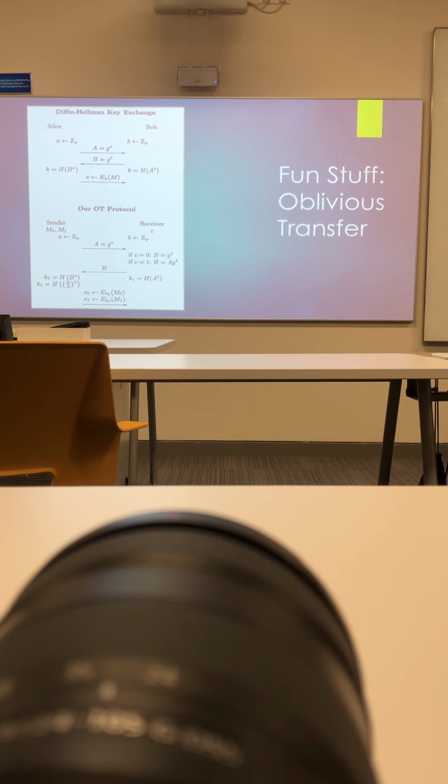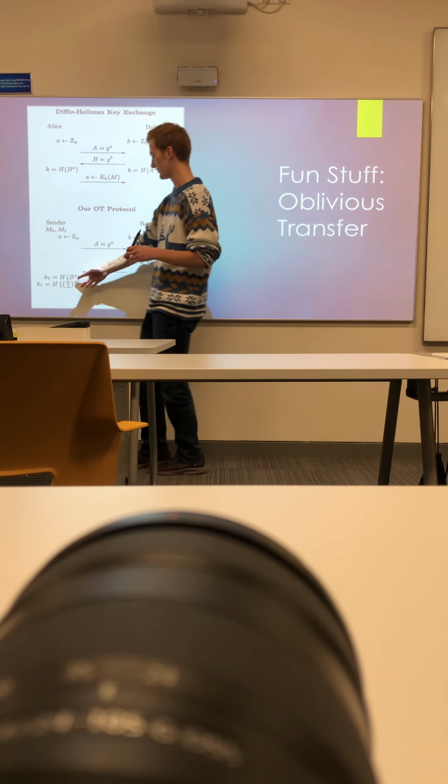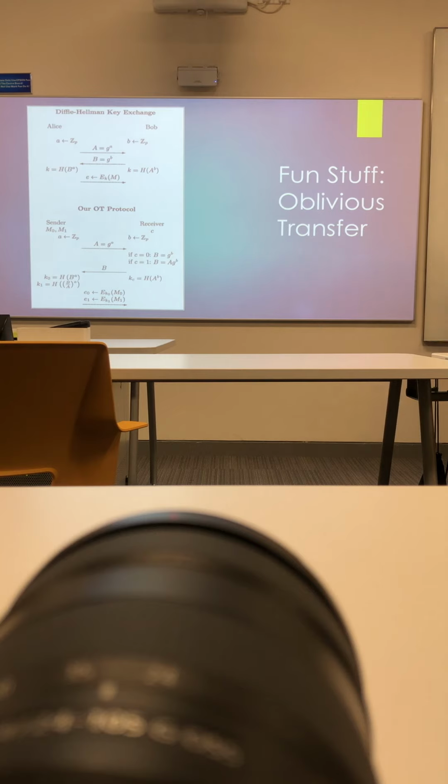Since Evan chose g to the b as his value for B, when he computes g to the ab, he knows B to the a, which is one of the keys. But if he tries to know this other value, B over A to the a, he could divide B by A, but he doesn't know what this a is, so he can't compute it in the end.